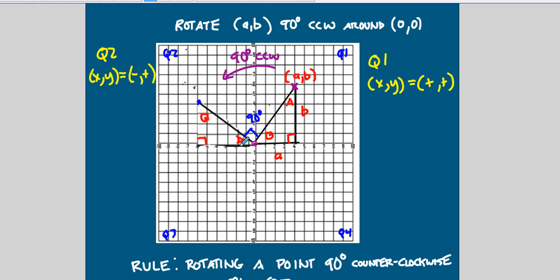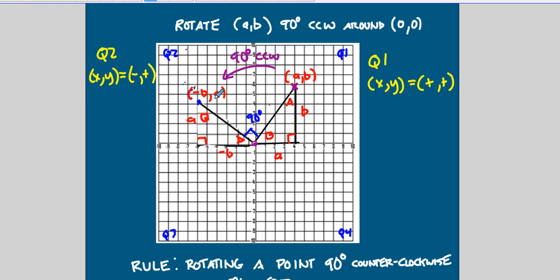Well, this is going to be the negative of B here, and this is going to be positive A. You can count, actually, I've used 4 units here, 4 units here. So this is going to be little a, this is negative B. So the coordinates are going to be negative B, A.